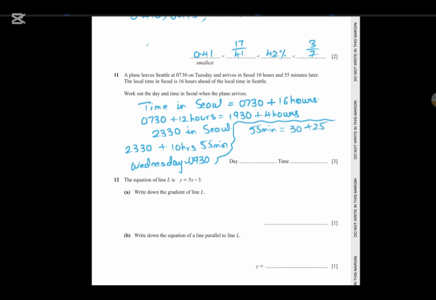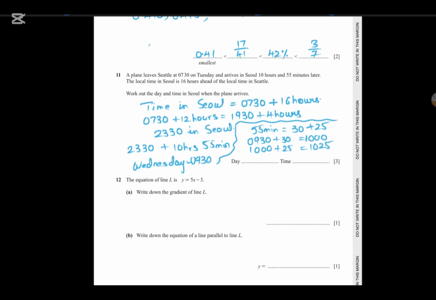So 9:30 plus 30 will be 10 o'clock. 0930 plus 30 minutes will be 1000. Then still 25 minutes are left. So 1000 plus 25 will be 10:25, and it's Wednesday. So write down Wednesday 10:25. This is the answer.